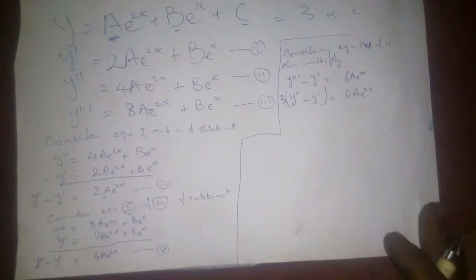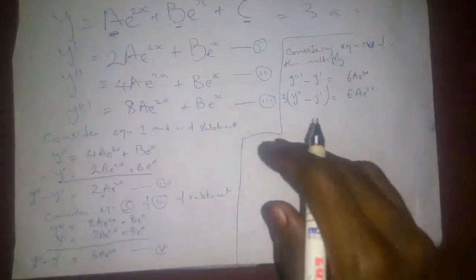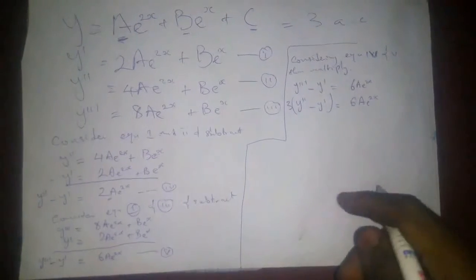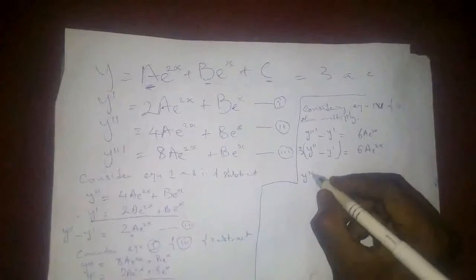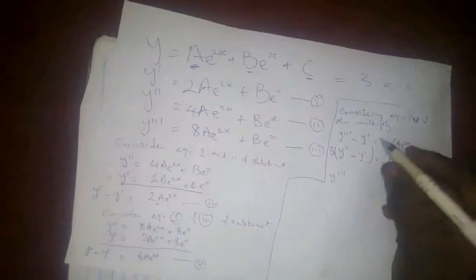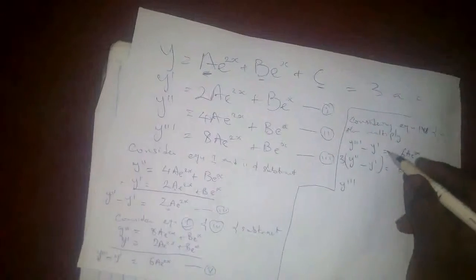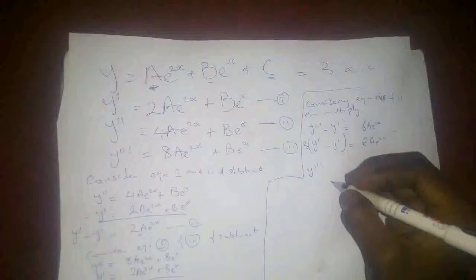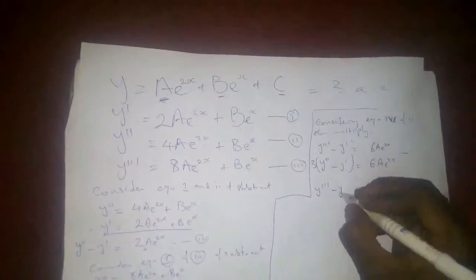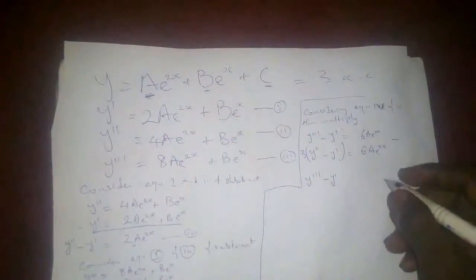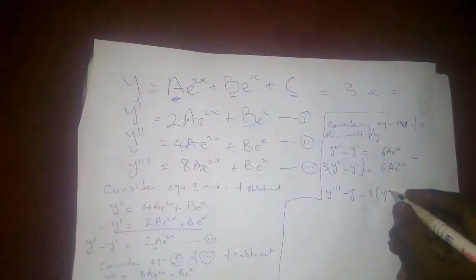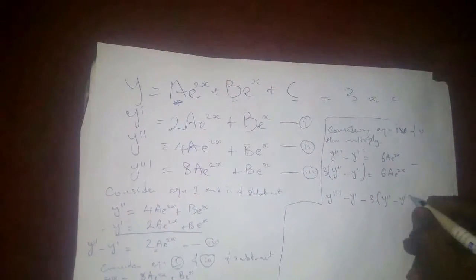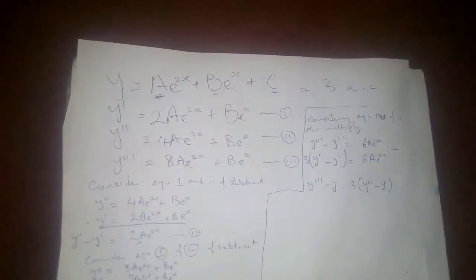So we now open the brackets. We'll now be having y'' minus y'. We are minusing both of them, separating here from here, leaving this alone. So we'll have y'' minus y' minus 3 brackets y' minus y, close the bracket.